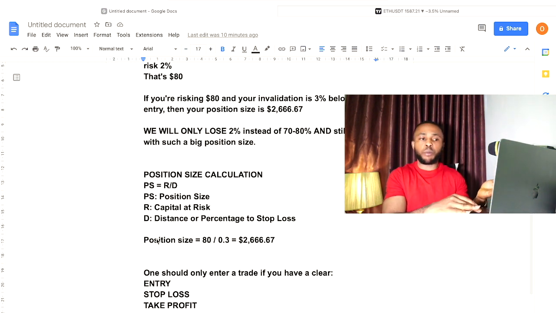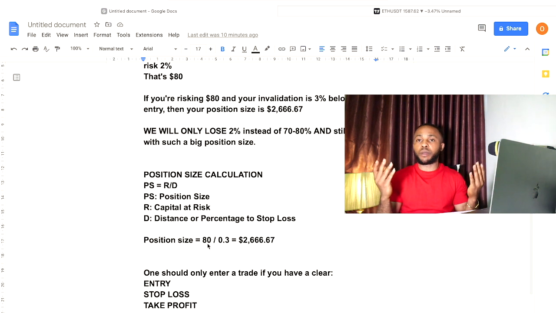So then what is our position size? Our position size is R divided by D. We already know that our R, which is our risk, is $80, since we're risking 2% of our account, which is $80 of a $4,000 account. We have a $4,000 account as our main capital, and then we're risking just 2%, which is the same thing as $80. Okay, 2% of $4,000 is $80.